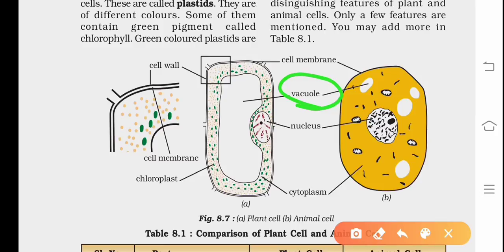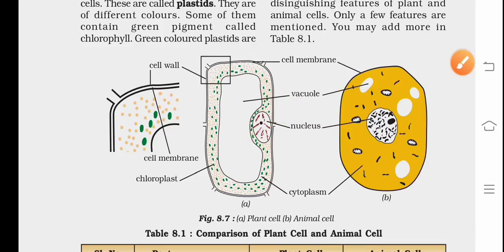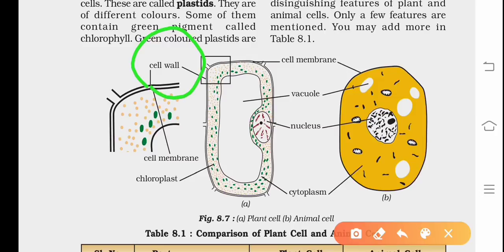Vacuoles are empty sac-like structures which store the food for the cell. Now we can see in the case of the plant cell the vacuole is larger in size, whereas in the case of animal cells they are many and smaller in size. Now we move on to the additional structures in the case of plant cells. So it is the cell wall and the chloroplast.